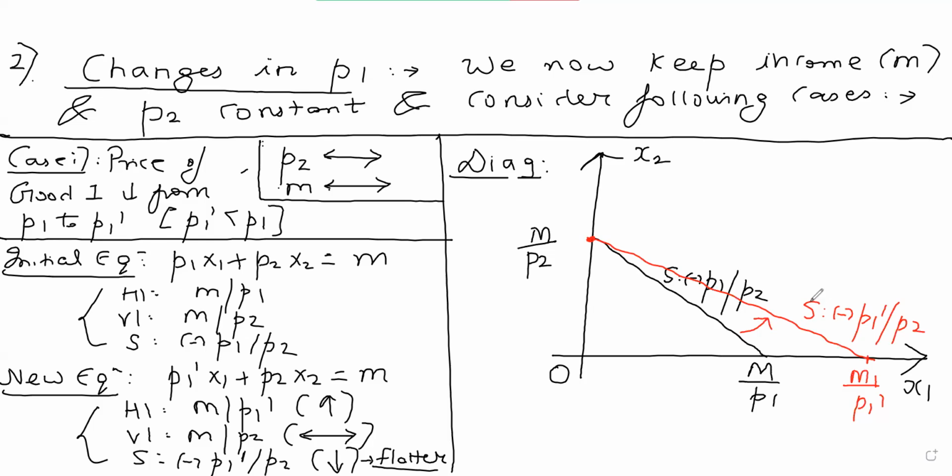Okay. Logically also you should be convinced, when price of good one falls, good one now becomes cheaper. So I can write, when P1 falls, good one is relatively cheaper.